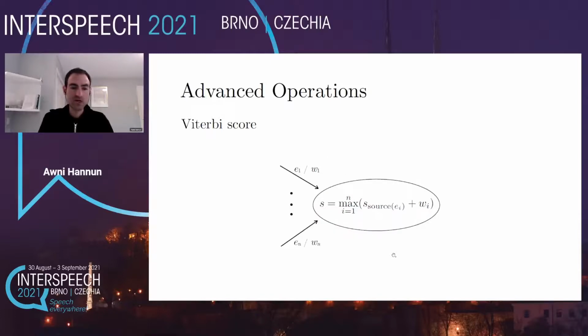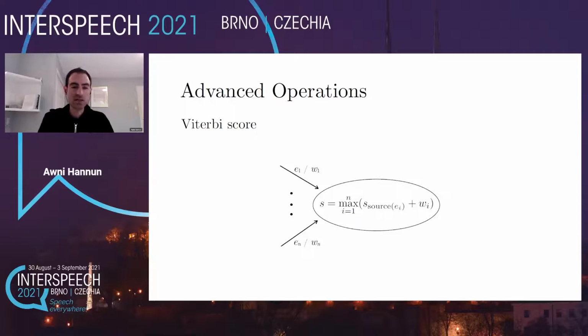In a more general sense, if we are at this state in the graph, and we want to compute the Viterbi score to this state from all possible start states, then we just look at any incoming arc to this state, and we ask the question, which arc has the largest weight plus Viterbi score of its source node?